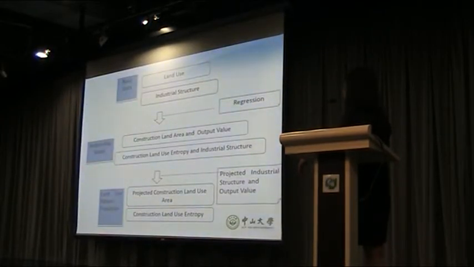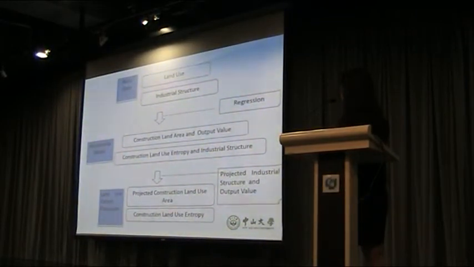With such a logic and the basic data for the land use and the industrial structures, we can do some regressions to understand the impact of the industrial output value on the construction land areas, and the impact of the industrial structures on the construction land use entropy.